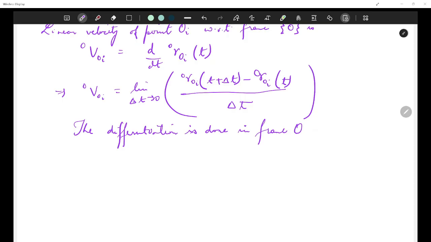Just two coordinate systems are involved here. One is the frame where the derivative is taken, and the second is the frame where the velocity is expressed.